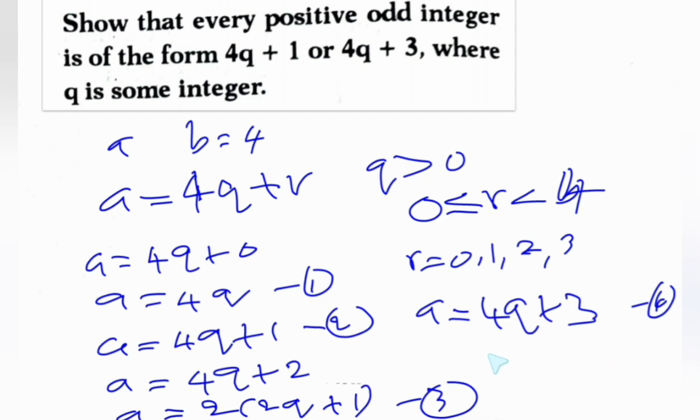That means we can write this 4q plus 3 as 2 into 2q plus 1 plus 1.